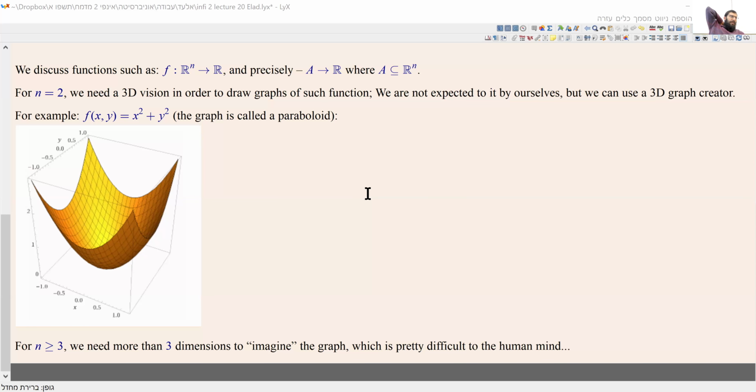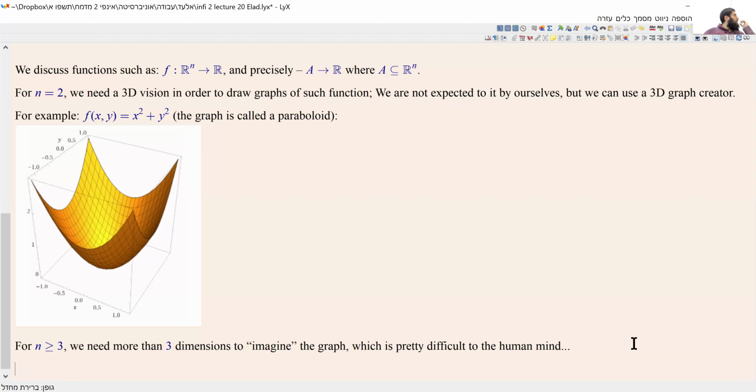But when n is greater than 3, it's basically, as I mentioned, difficult. It's basically impossible. We can't think of more than 3 dimensions.